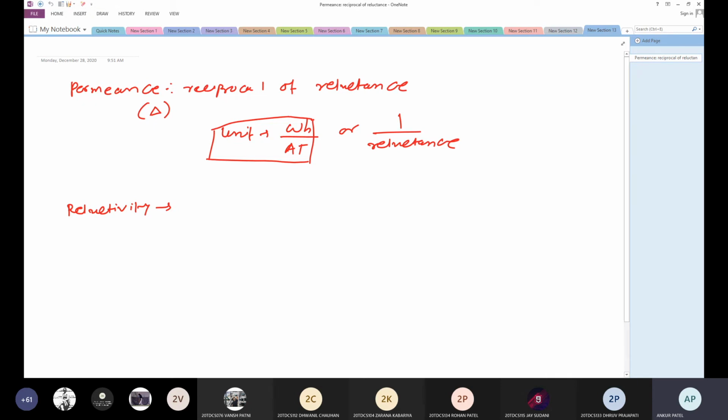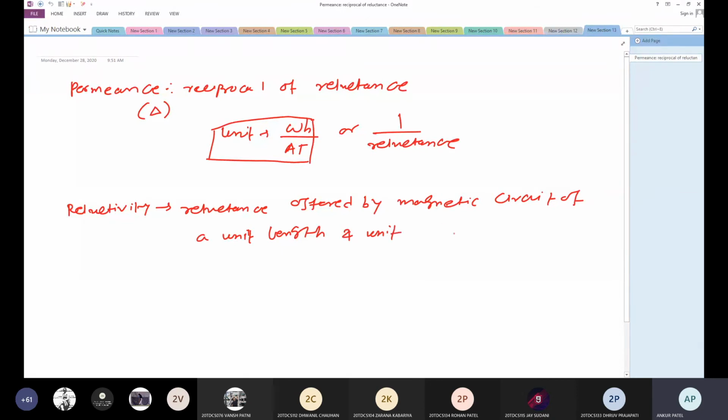Reluctivity, or specific reluctance, is defined as the reluctance offered by a magnetic circuit of unit length and unit cross section.